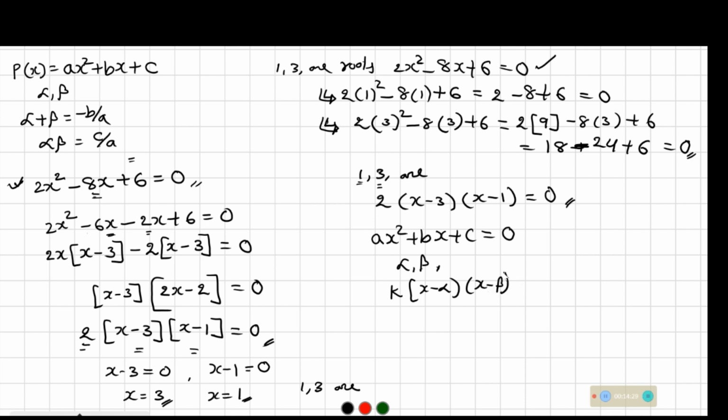I'm simplifying the left hand side instead of writing equal to 0.